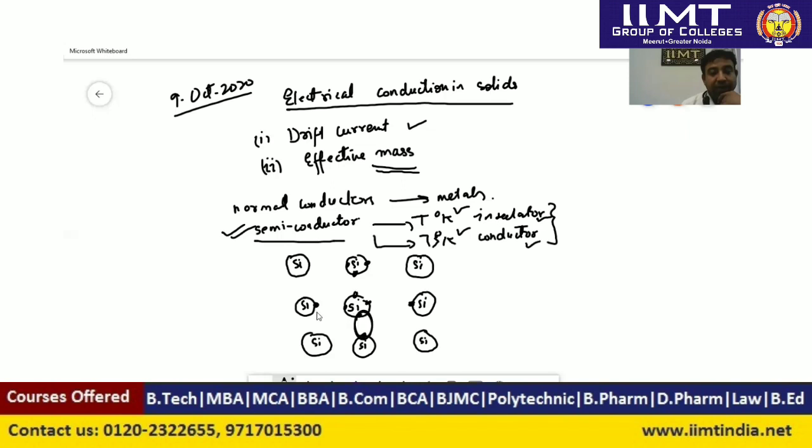So this pairs with this. Okay, let me use a different color. This pairing, this pairing, this pairing, and this pairing. Now, the central atom has 8 electrons, and this system is balanced.